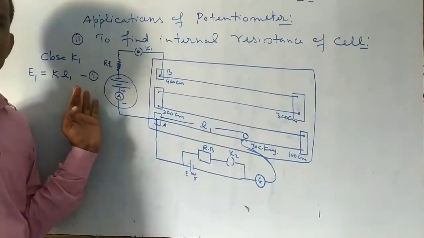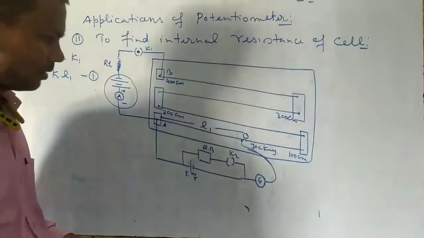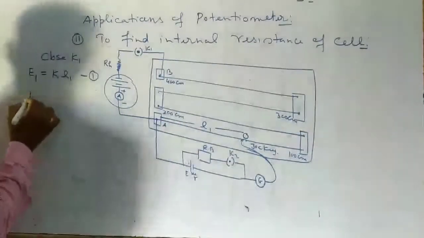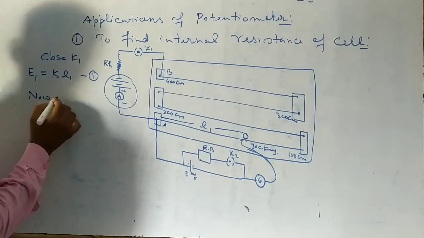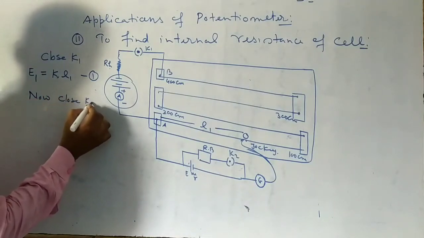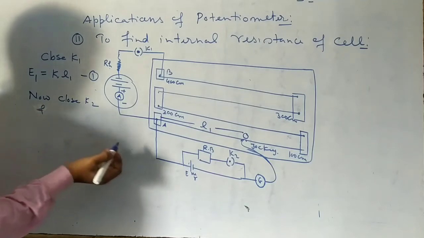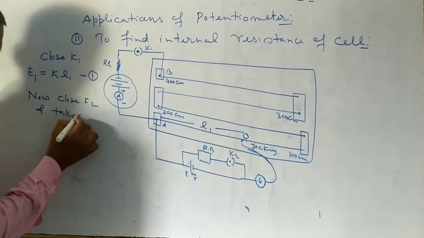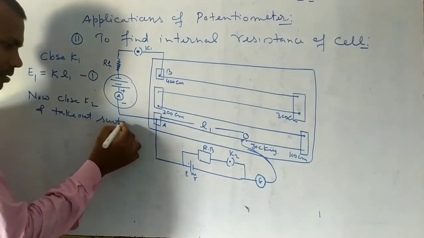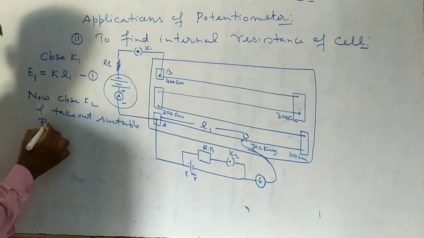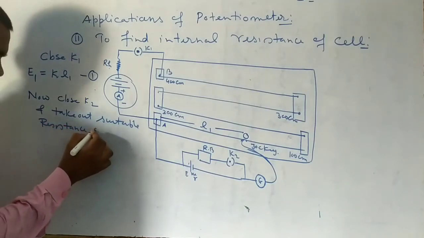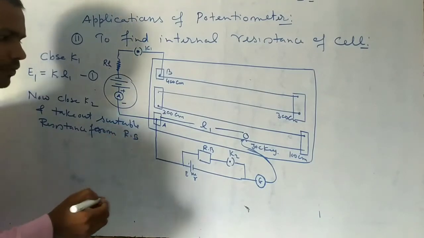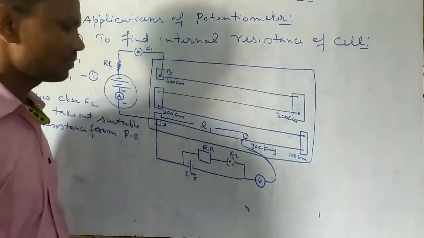Now after equation 1, you have to close this K2 also. Close K2 and take out a suitable resistance from this resistance box.